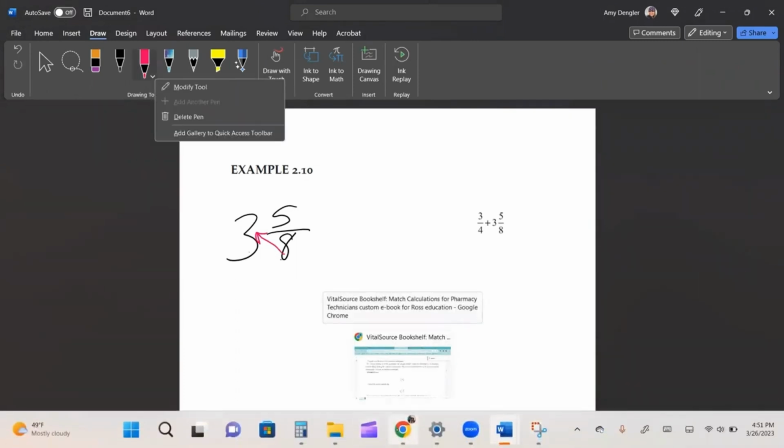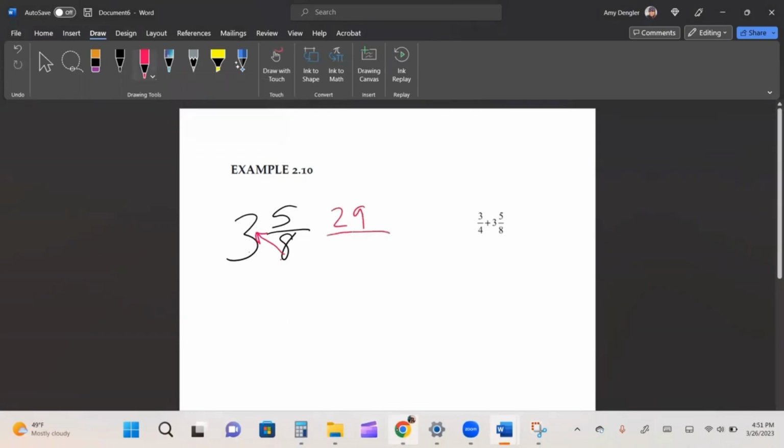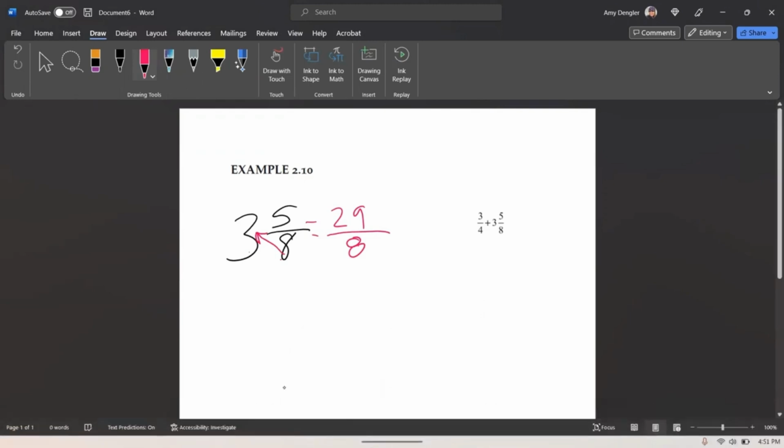And then we're going to add 5 to that, which gives me 29. And then we keep 8 the same. So now I have 29 over 8 plus 3/4.